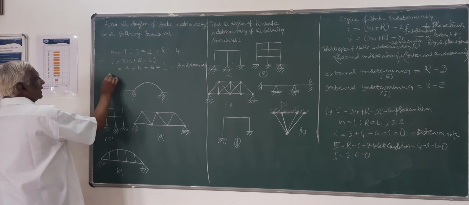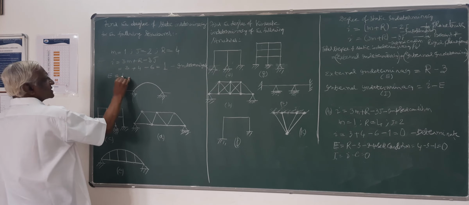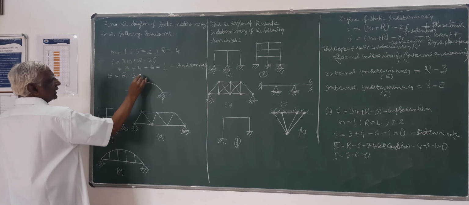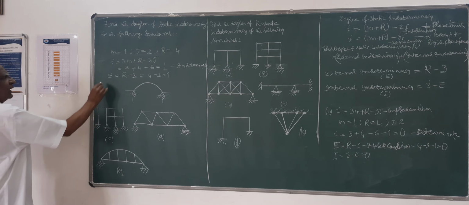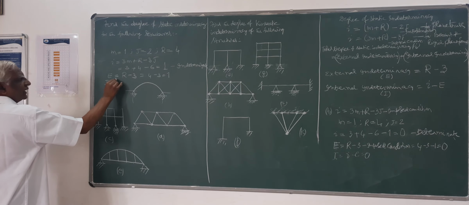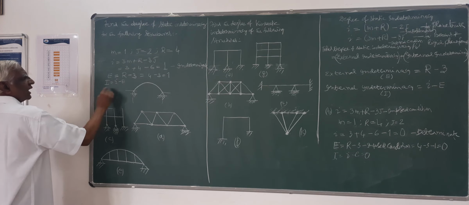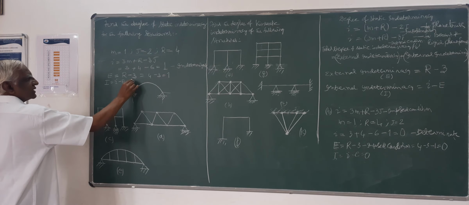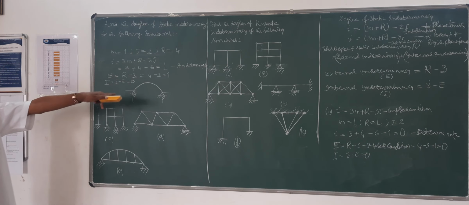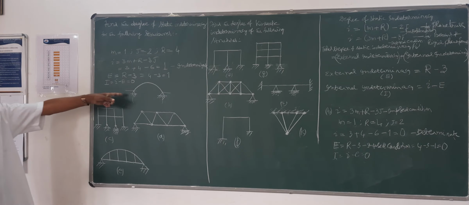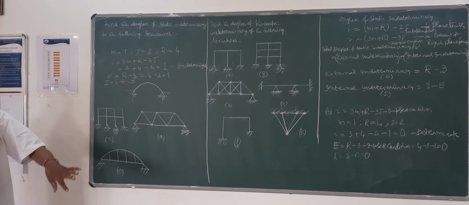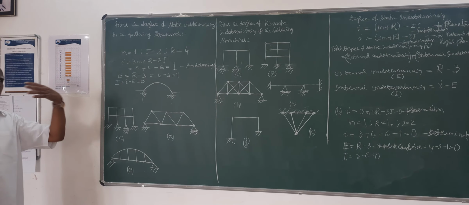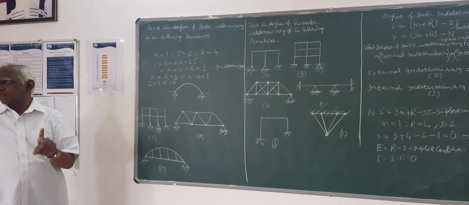You can check the degree of external indeterminacy is R minus 3, that is 4 minus 3, 1. And the degree of internal indeterminacy is I minus E, that is 1 minus 1, 0. So this is internally determinate, externally indeterminate to the degree 1, and totally it is indeterminate to the degree 1.